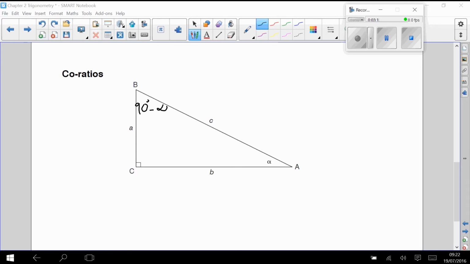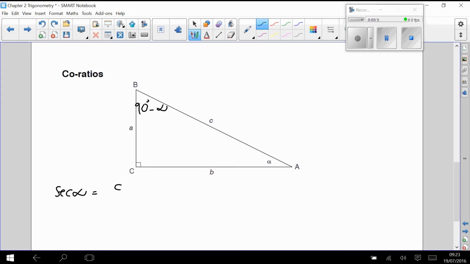And lastly, I'm going to explore using sec and cosec. Sec of alpha uses the numerical ratio of hypotenuse all over the adjacent because it's the reciprocal of cos of alpha.